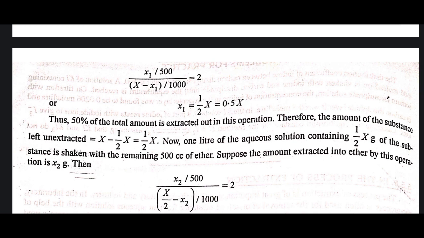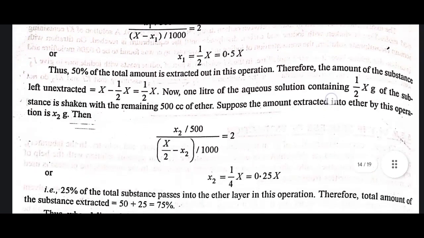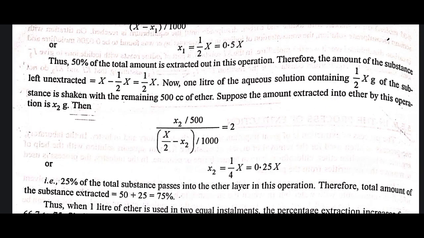Therefore, the amount of the substance left unextracted is equal to X minus half of X is equal to half of X. Now, 1 liter of the aqueous solution containing half of X gram of the substance is shaken with the remaining 500 cc of ether. Suppose the amount extracted into ether by this operation is x2 gram, then x2 is equal to 1 by 4th of X is equal to 0.25X.